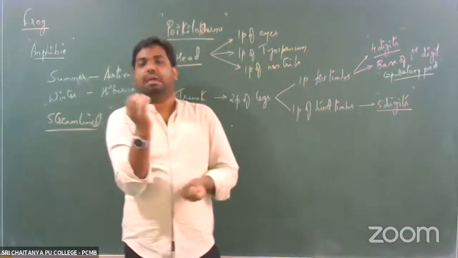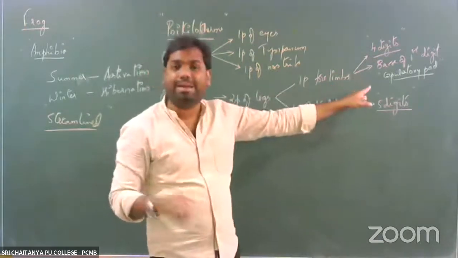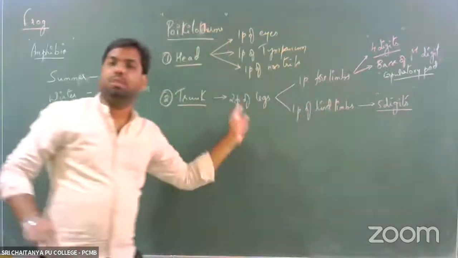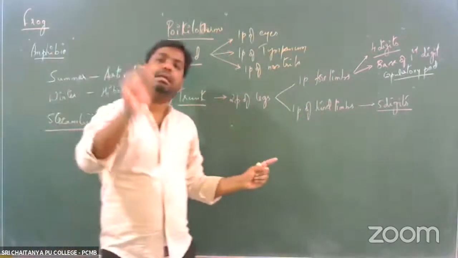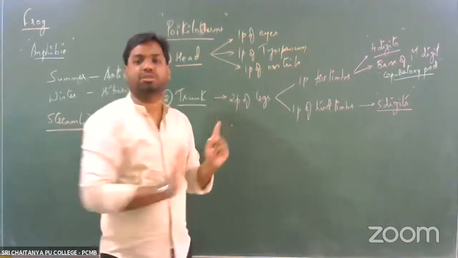So if we are able to find this swollen structure, which we call a copulatory pad, at the base of the first digit in the forelimbs of the frog, then we can automatically say that it is a male organism, because only males have these copulatory structures present.